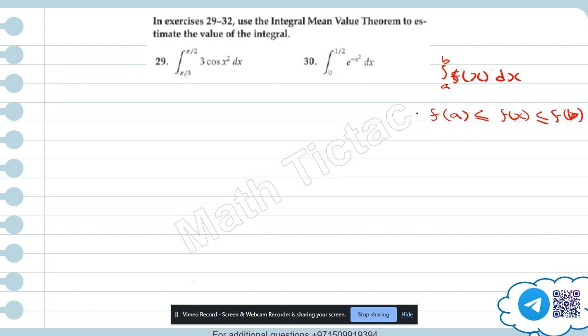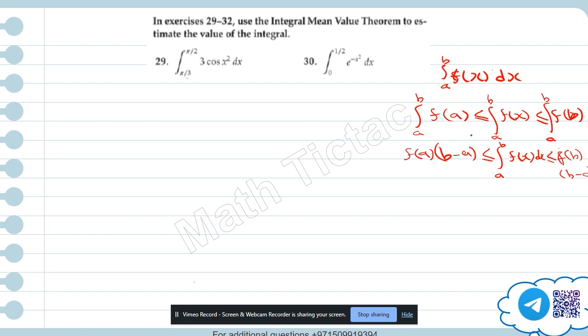Then the integration from a to b of f of x dx lies between f of a multiplied by b minus a, and f of b multiplied by b minus a. Now this is if the function is increasing.